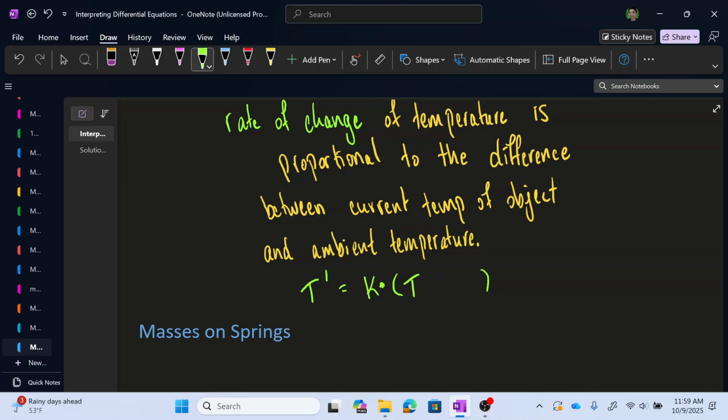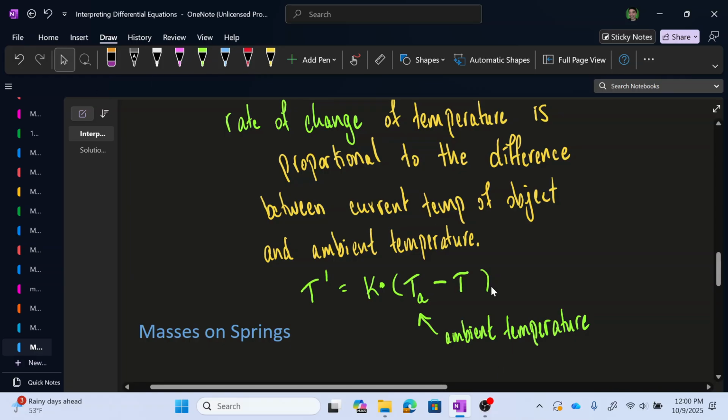So I could say something like T sub A for ambient temperature. And I could then subtract T for the object's current temperature as defined above.